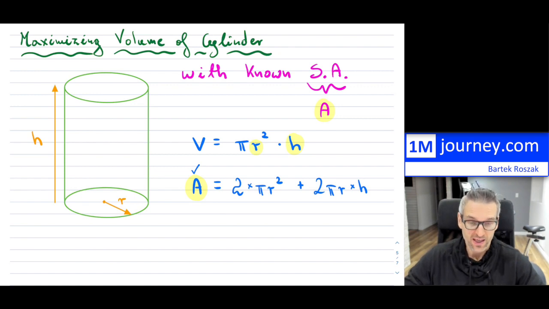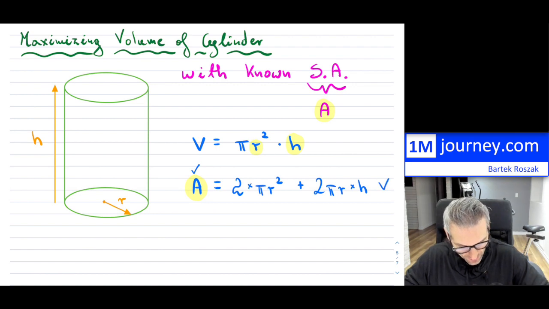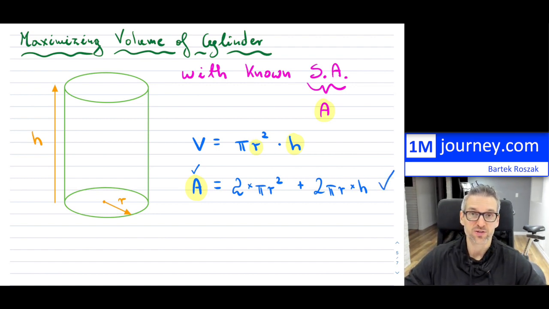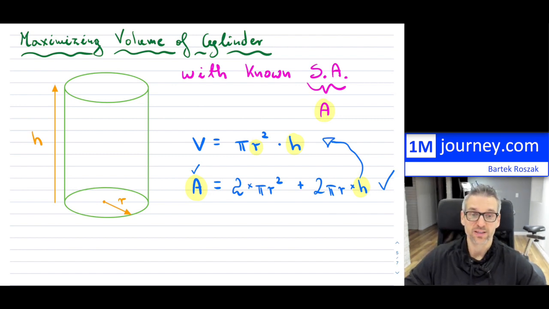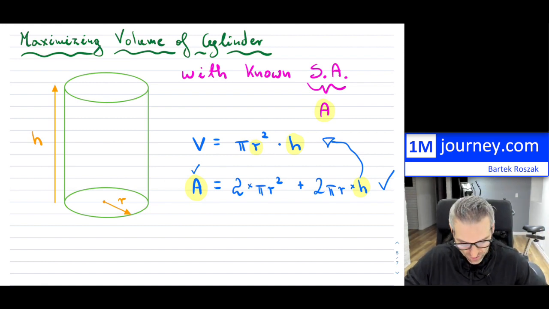If that's the case, then you can isolate this particular formula for either R or for H. I'm going to do it for H, and then I'm going to substitute H back into the volume formula, and you will see that my volume formula is just with respect to R. And then I can go ahead and use my derivatives.